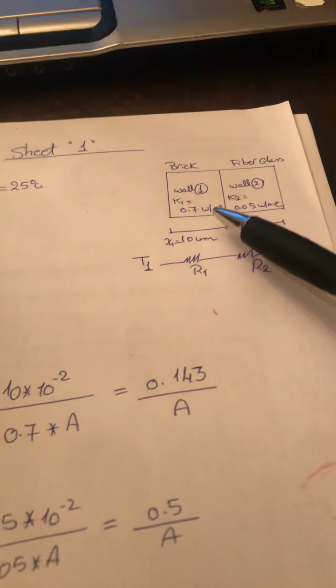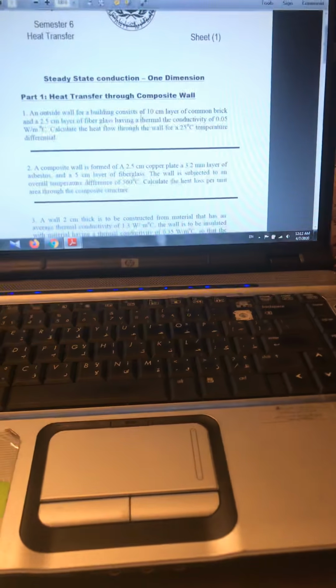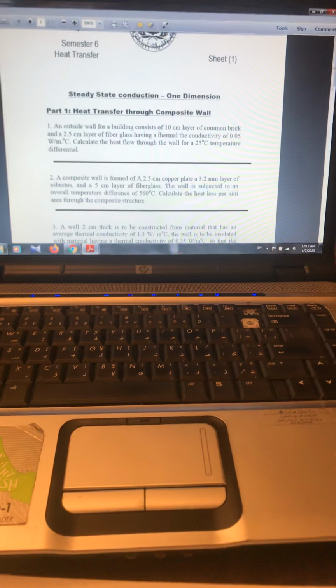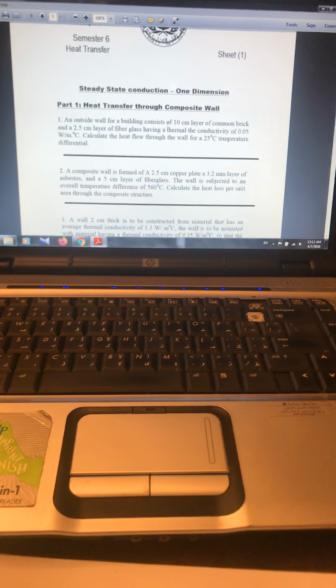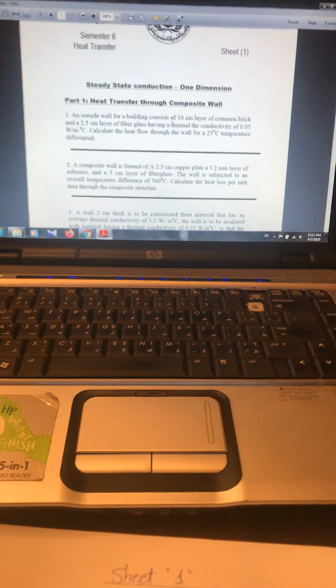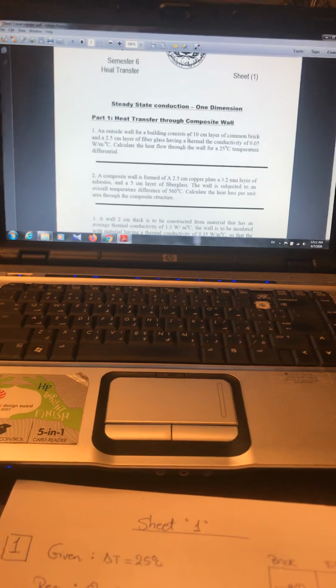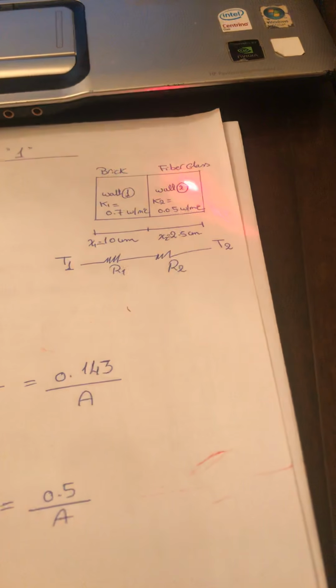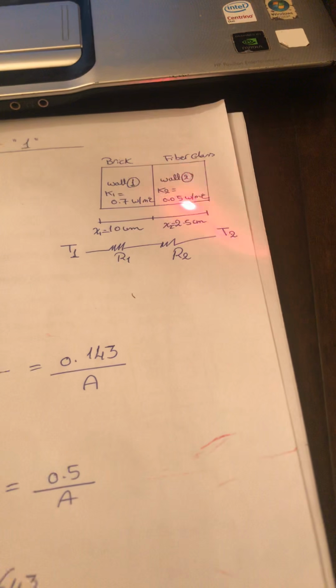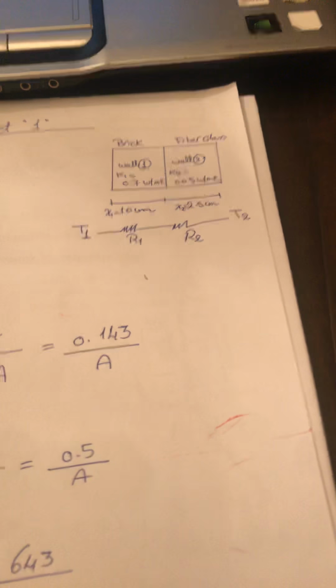The first is wall 1, brick, and the other is fiberglass having thermal conductivity 0.05 watt per meter Celsius. As we said, K is a constant, it is given. The wall is 2.5 centimeter. So you draw wall 1 and wall 2, and write down the givens.